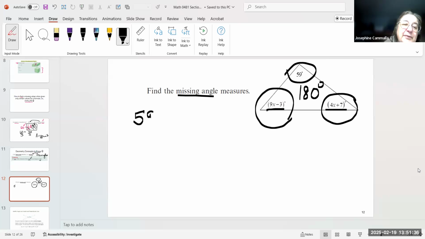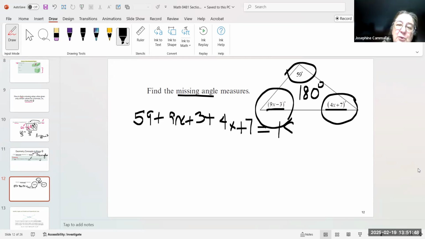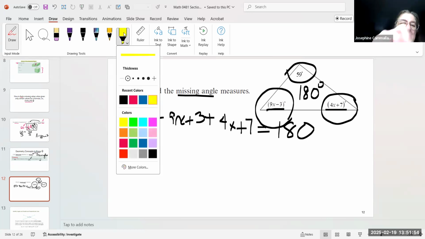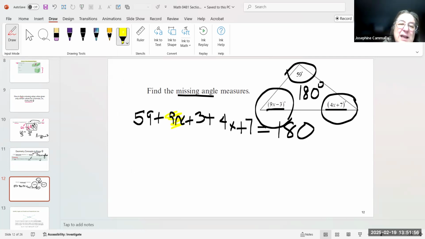Well, 59 plus 9x plus 3 plus 4x plus 7 is equal to 180 degrees. We'll combine terms. Remember that lovely stuff we do? 9x and 4x is going to give me 13x.